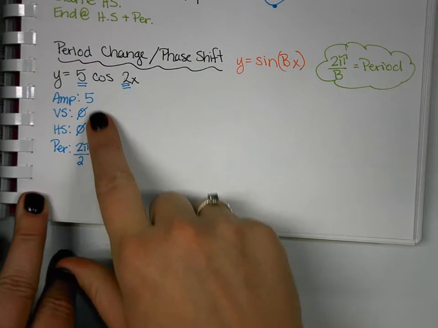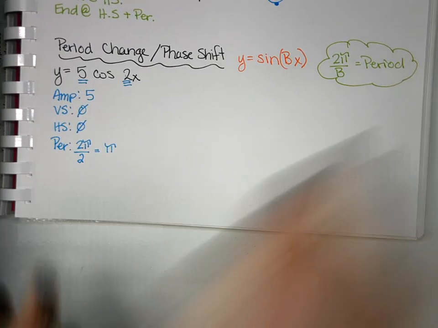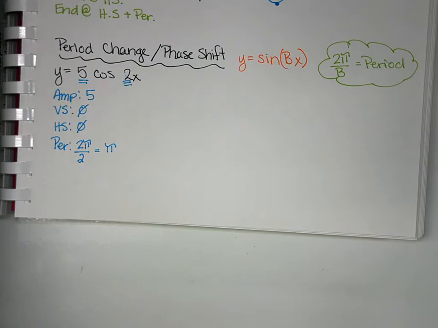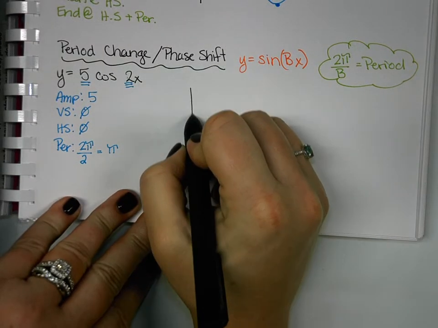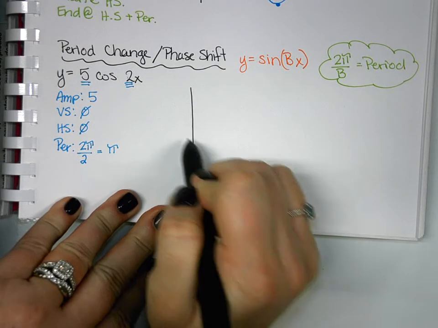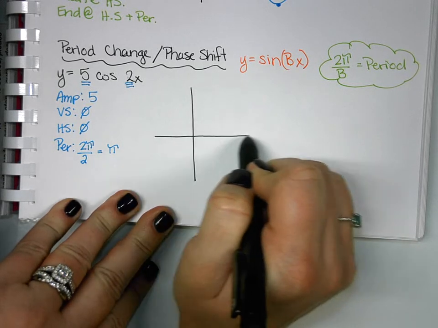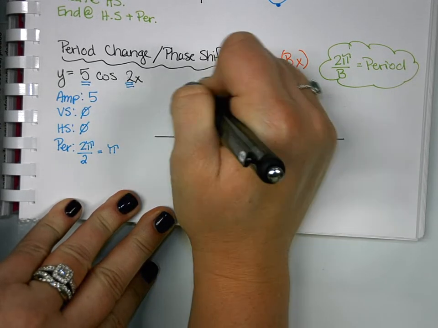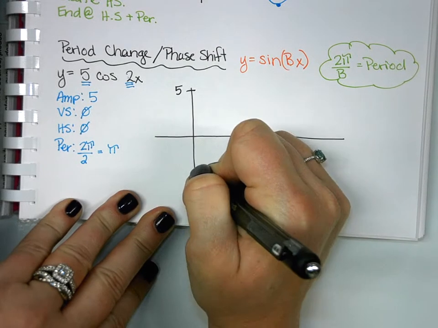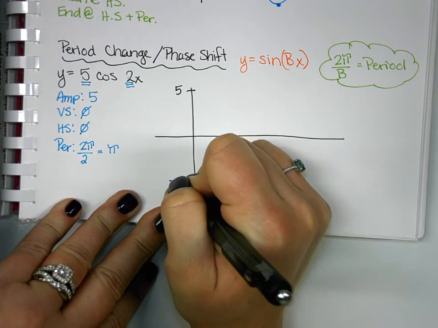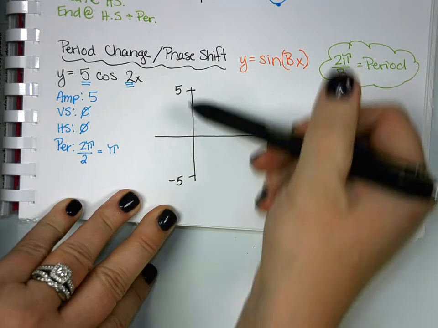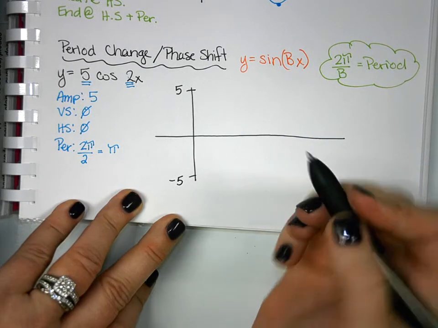Okay, so once we have this information down, we can go ahead and sketch our graph. Let's see, I do have an amplitude of 5, so I want to make sure that I can go 5 up and 5 down. And I could just do that around 0 because I didn't have a horizontal shift.